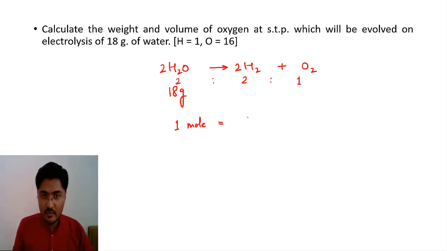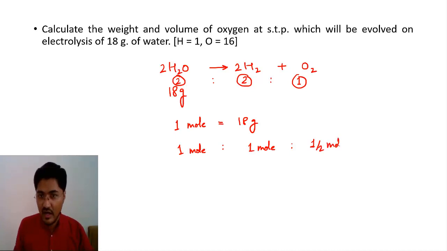From this equation simply we can state 2 moles, 2:2:1 as per Gay-Lussac's law. 1 mole of H2O contains 18 grams, but here we are assuming that it is 2 moles and 1 mole. So dividing the entire thing by 2, we get 1 mole is to 1 mole is to half mole.